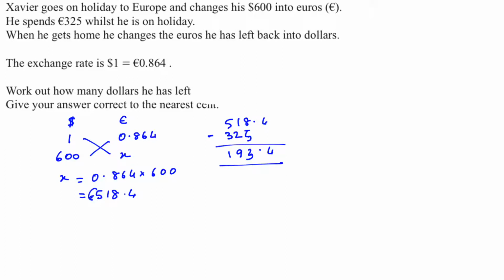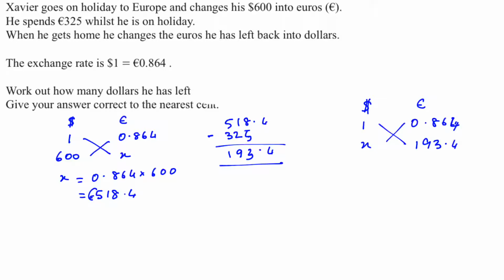Now when he comes back home, he again changes the euros into dollars with the same exchange rate. So our exchange rate is $1 is equal to 0.864 euros. He has 193.4 euros. How many dollars will he get?